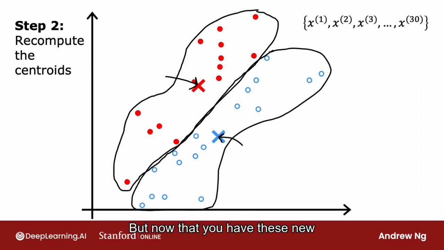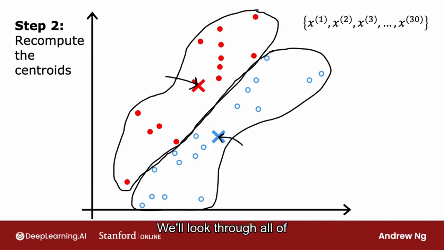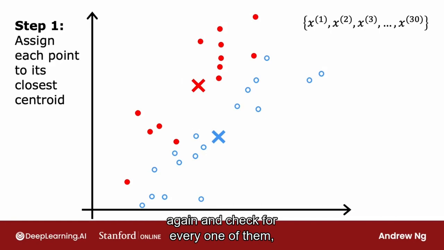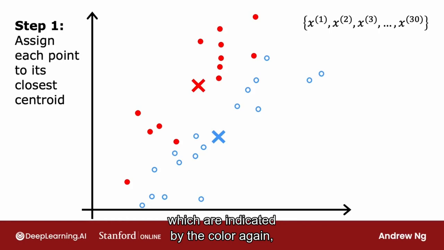But now that you have these new and hopefully slightly improved guesses for the locations of the two cluster centroids, we'll look through all of the 30 training examples again and check for every one of them whether it's closer to the red or the blue cluster centroid for the new locations, and then we will associate them, which I indicate by the color again, every point to the closer cluster centroid.